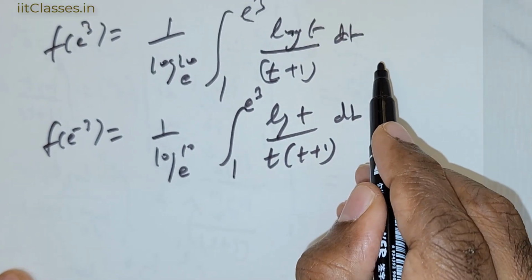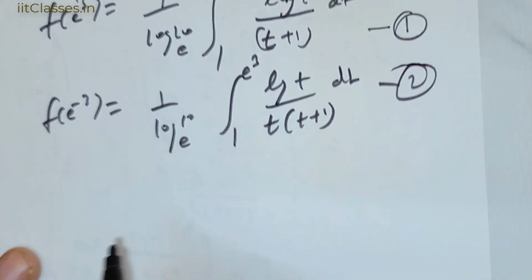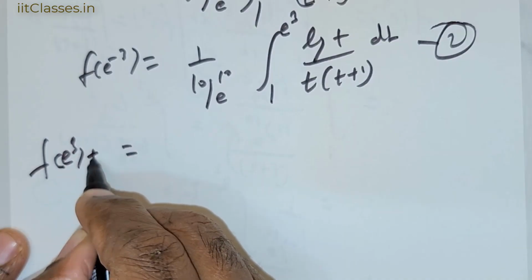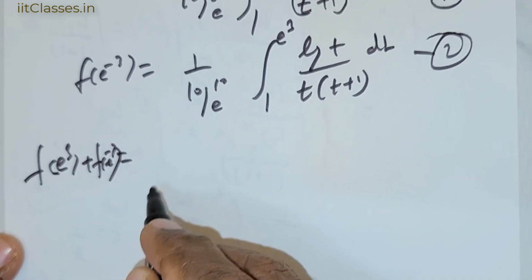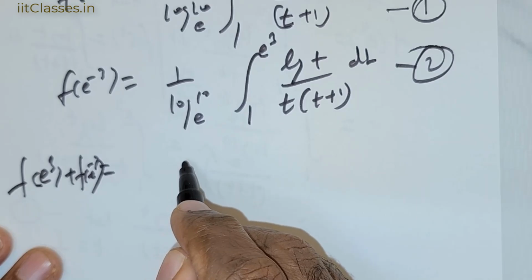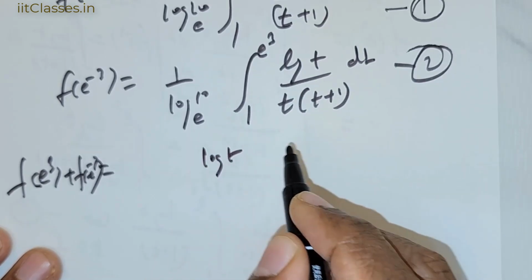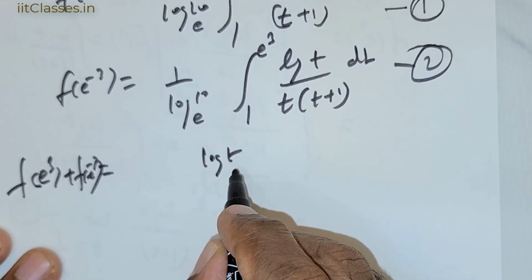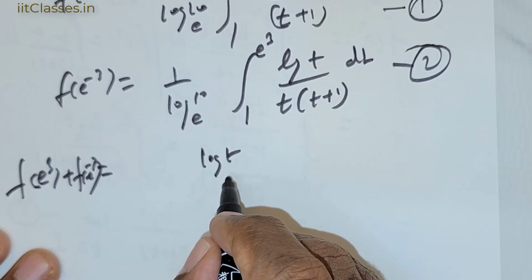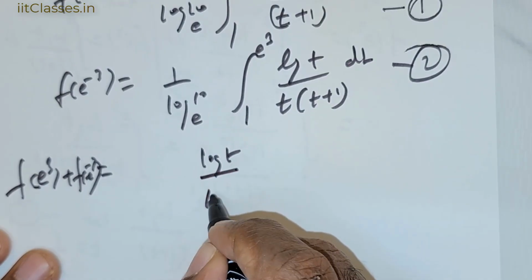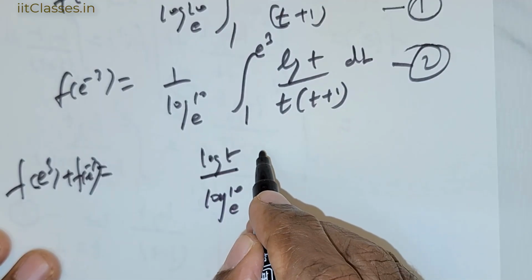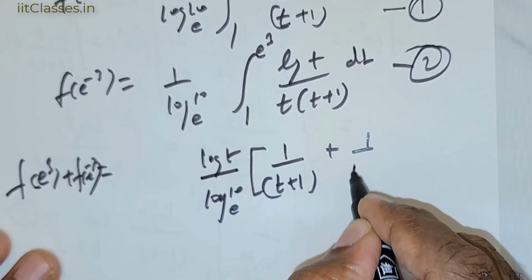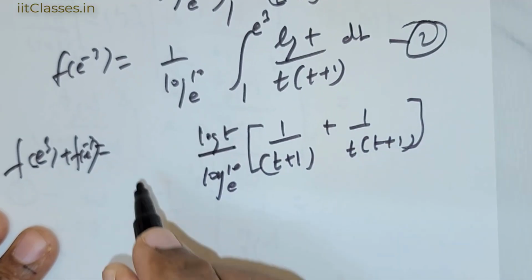Okay, so we are adding these two, so this is going to produce f of e cubed plus f of e negative 3 is equal to, now log 10 is common, so you can also take log 10 to the base e, and then you have 1 over t + 1 in one case, and 1 over t times (t + 1) in another case.